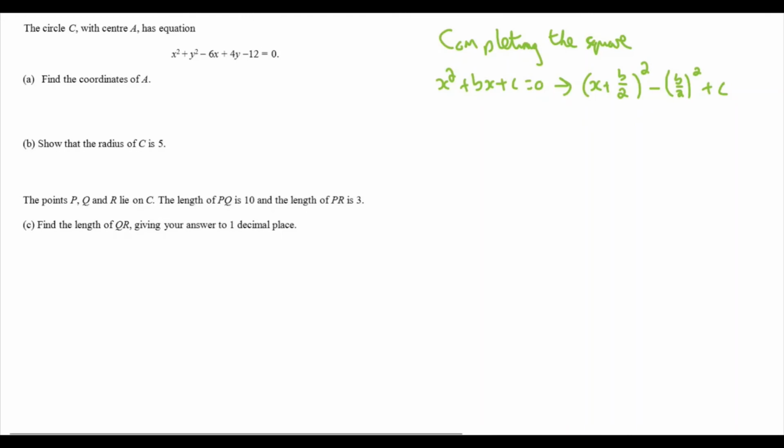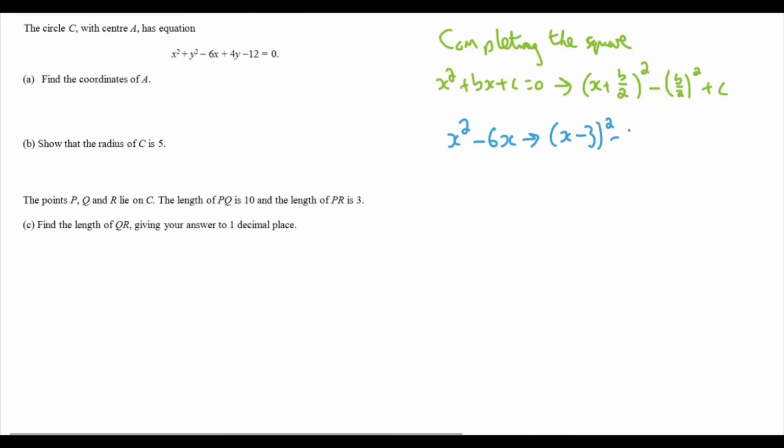So, we're going to look at the x's first. Let's just focus on the fact that we have an x squared minus a 6x. I'm not actually going to worry about the 12, what would be the c, for a second. Here, this is going to become, so x, now half of minus 6 is minus 3, squared.